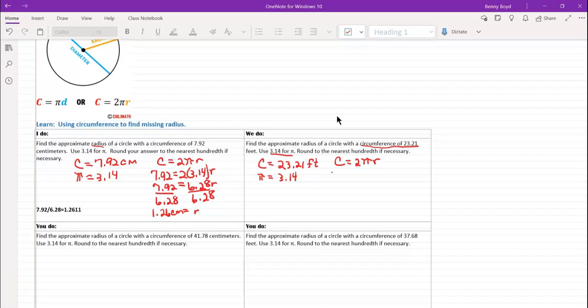So 23.21 equals 2 times 3.14 times the radius. So 23.21 equals 6.28 R. And so we'll divide by 6.28.